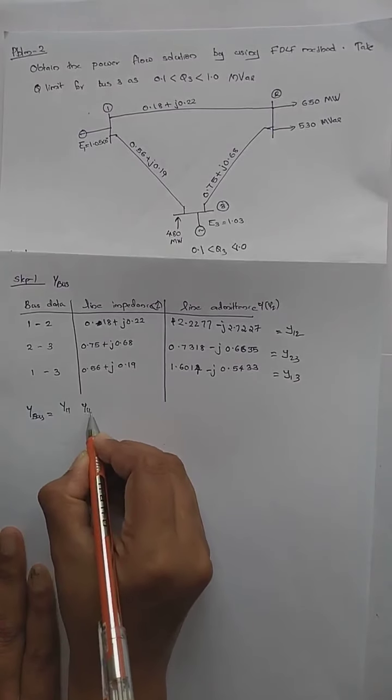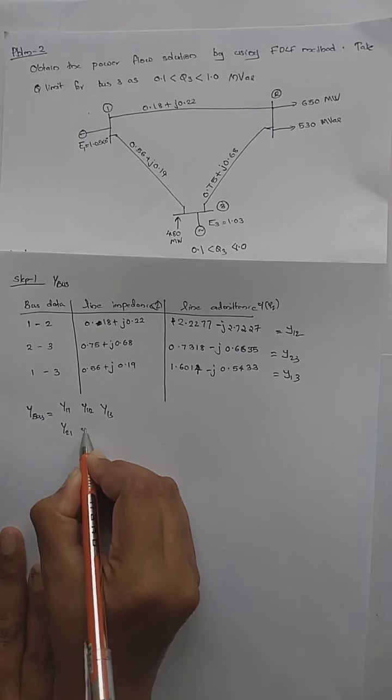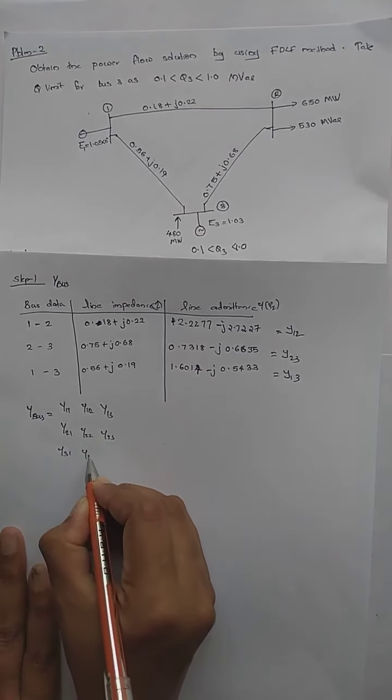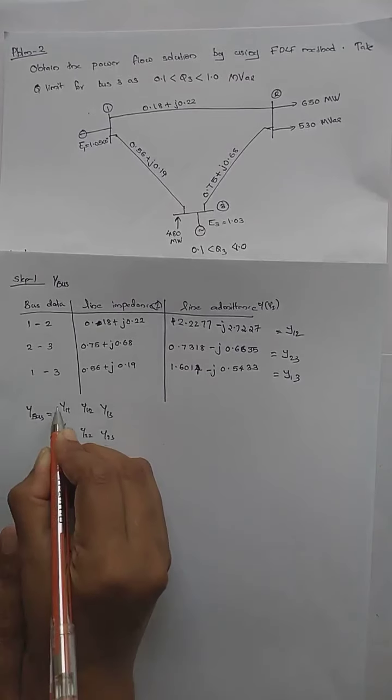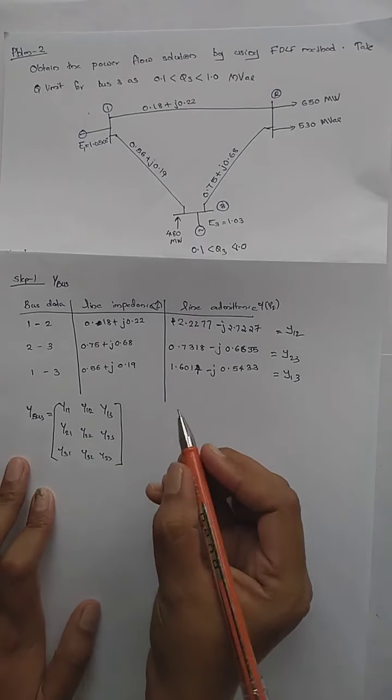So y11, y12, y13, y21, y22, y23, y31, y32, y33. This is the admittance matrix we are having here.